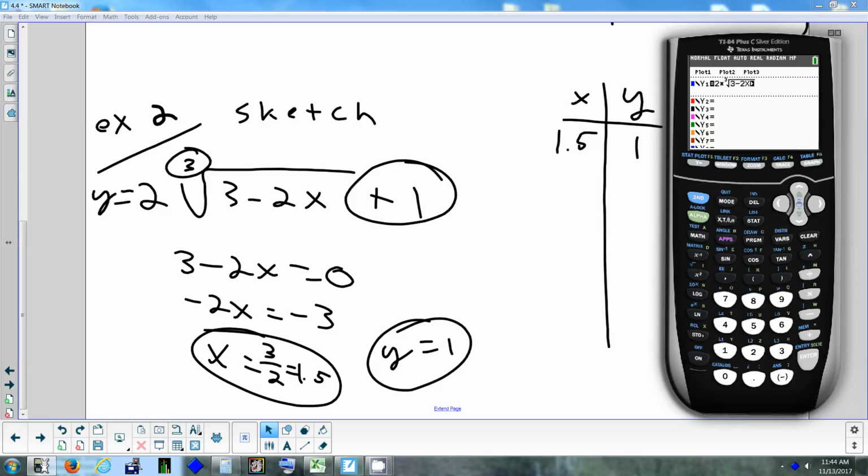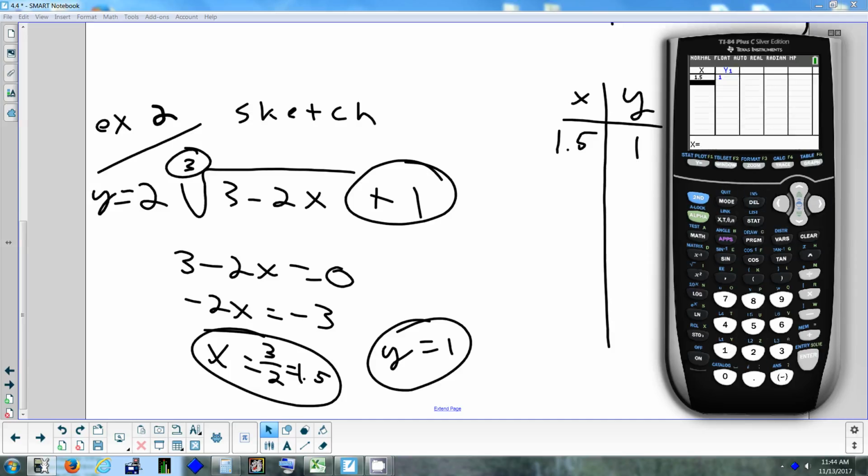Okay, so any question on that? You have to type it that way. Plus 1. Okay, let's check 1.5 and see if we get 1. All right, so if I type 1.5, I get 1. Yep, that's good.